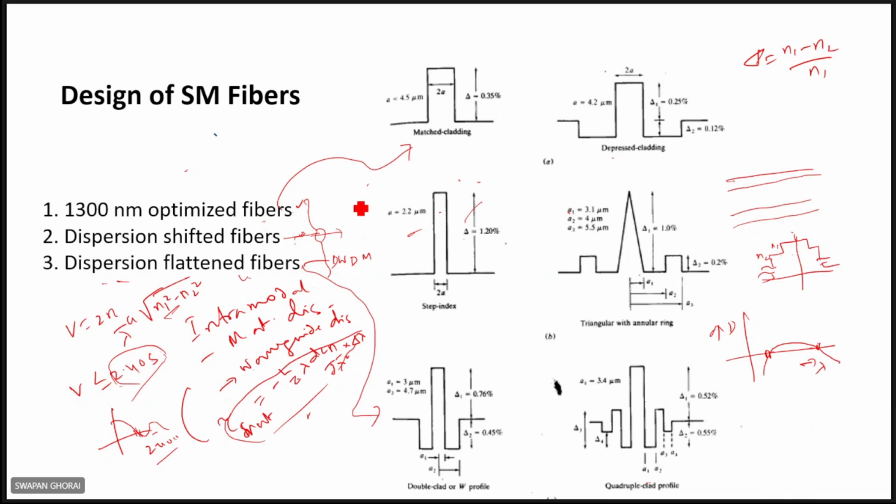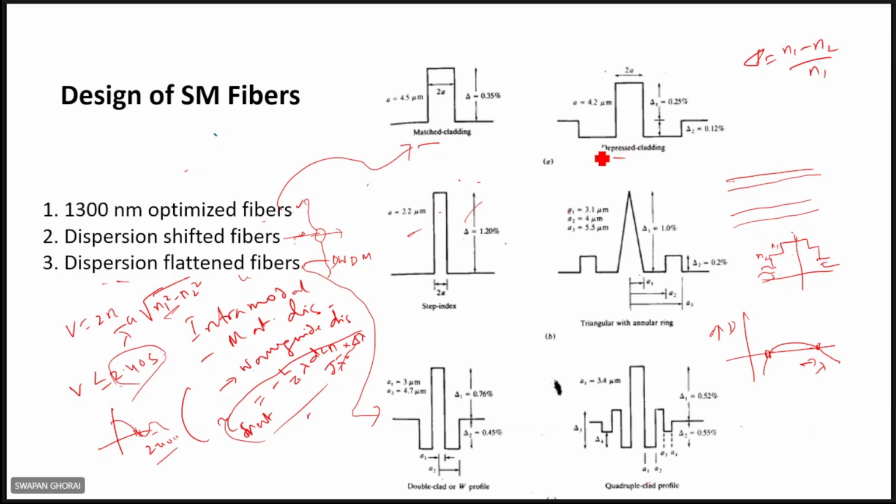This type of fiber can be designed by properly choosing the core and cladding refractive index configurations. You see it here. In the case of 1300 nanometer optimized fibers, it can be either matched cladding or depressed cladding.